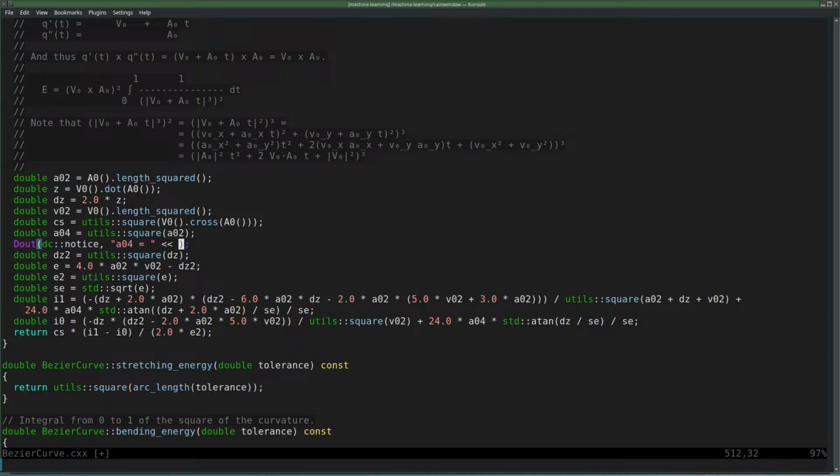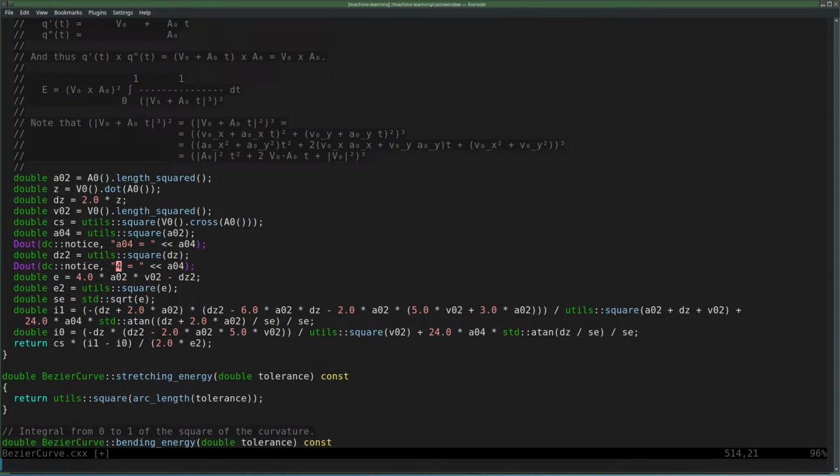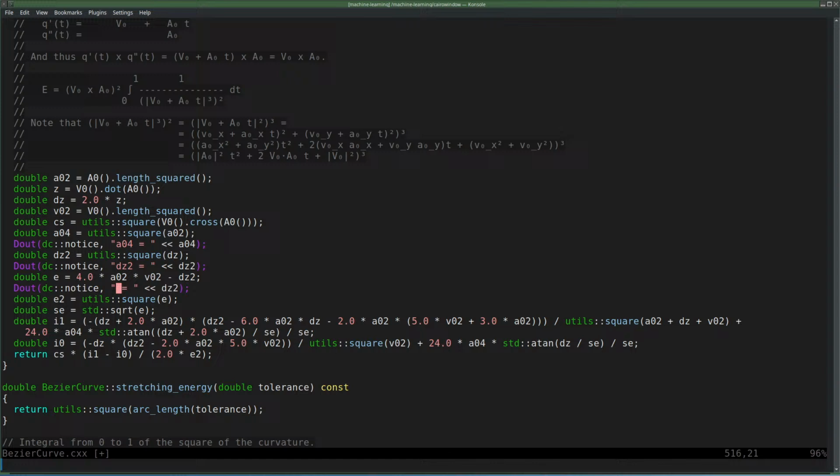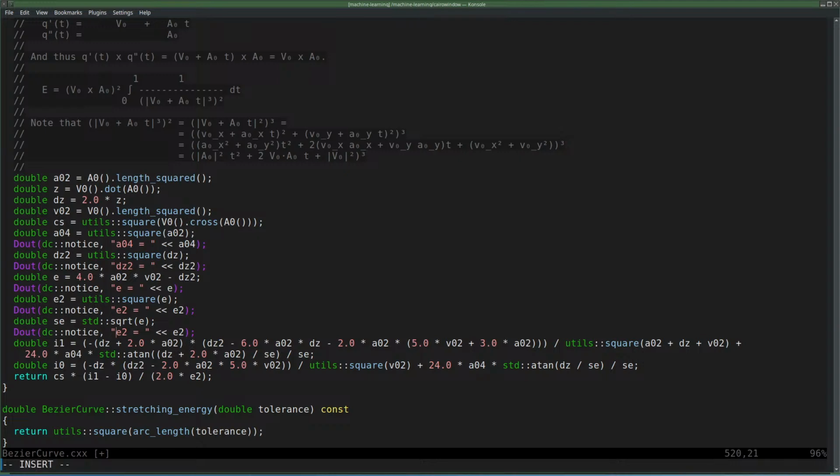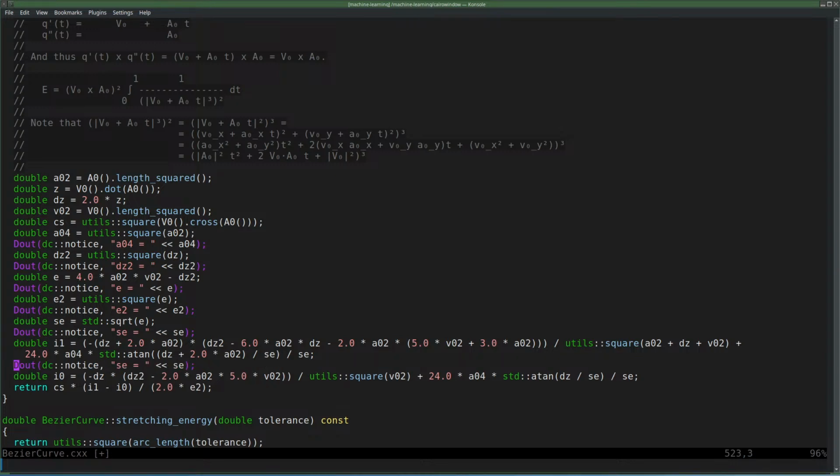A04 is A04. DZ2 is DZ2. And finally something that makes sense.